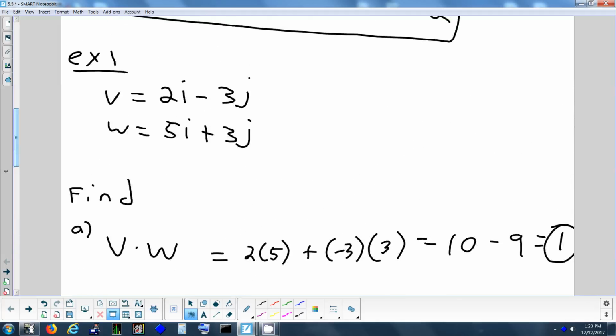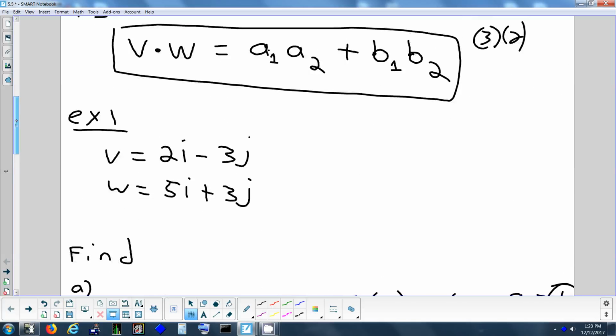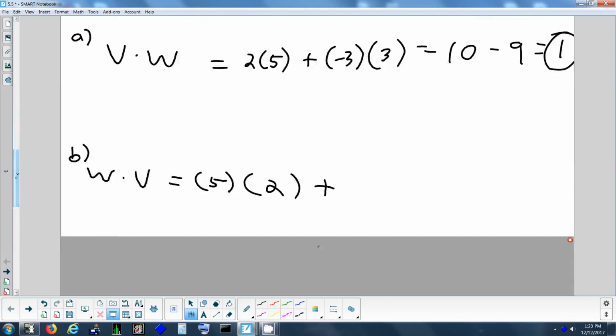Well, I just want to know how I would write it first. 5 times 2. Remember, you always start with the x components, then the y components. So 5 times 2 plus 3 times -3. So you get the same answer.